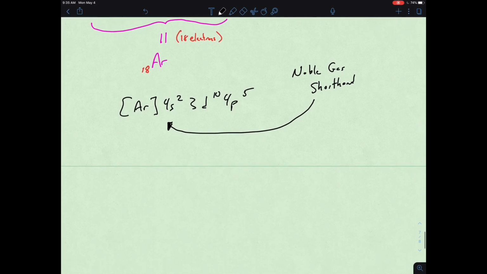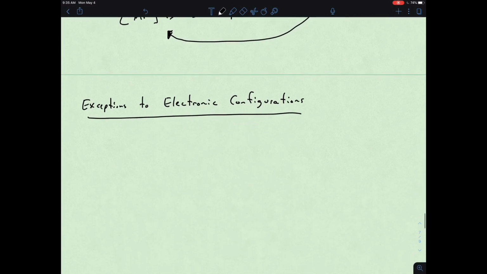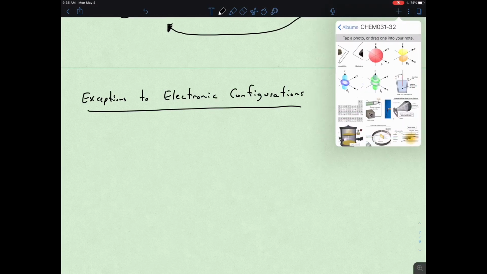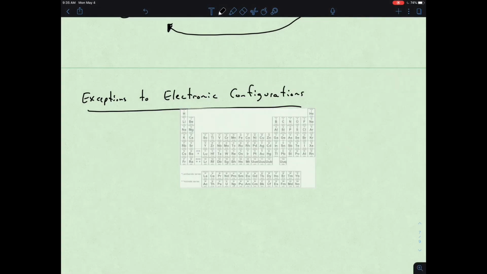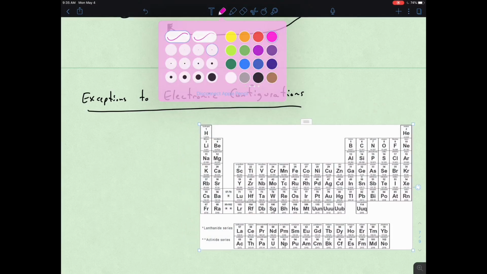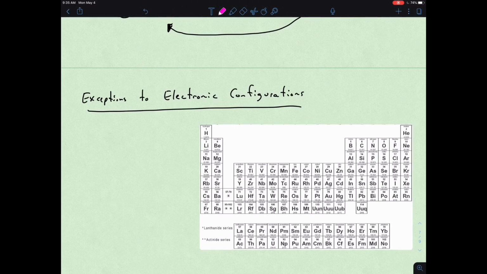Some exceptions. There's definitely more than one exception to electronic configurations, but I just want us to focus in on two of them, because it gives us a sense of another state that's kind of heading our way.